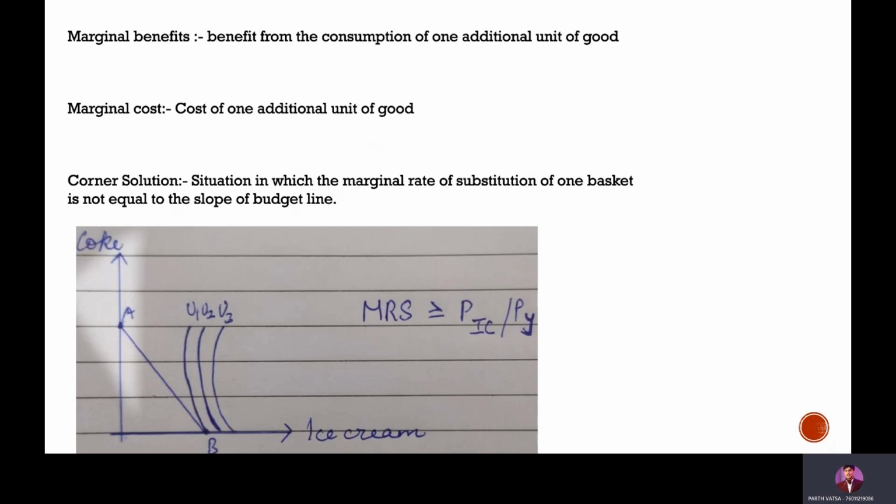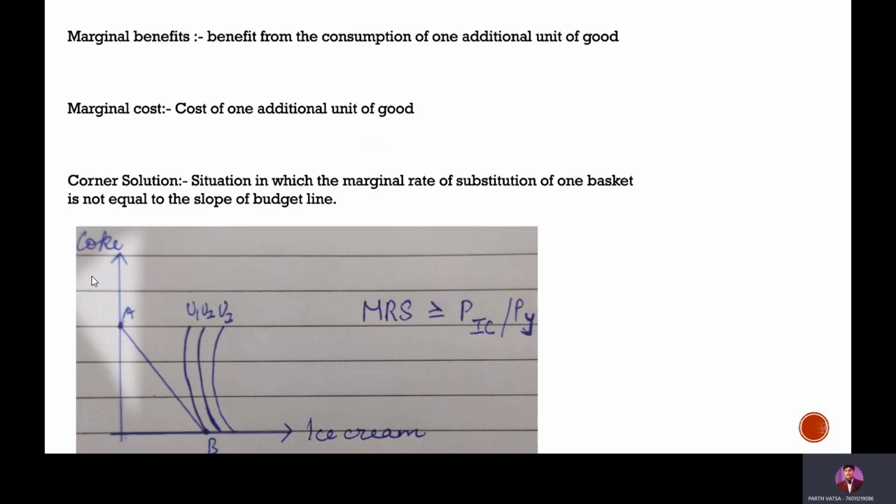Now coming to the corner solution. A corner solution is when the utility or indifference curve is made on the corners of the budget line. This is formed because of only one reason.